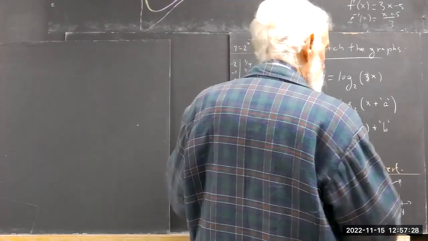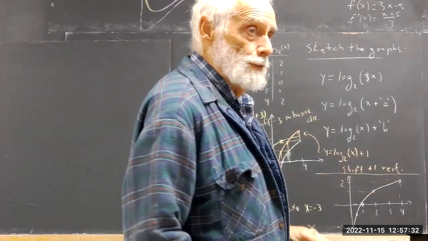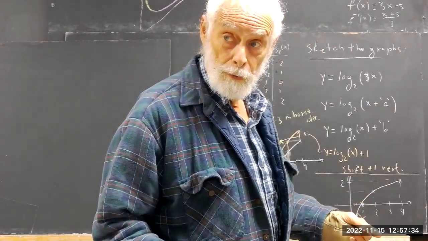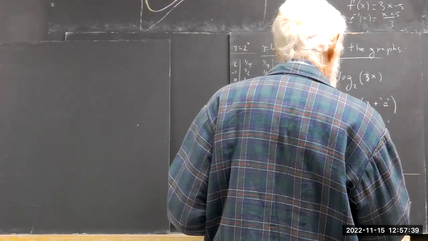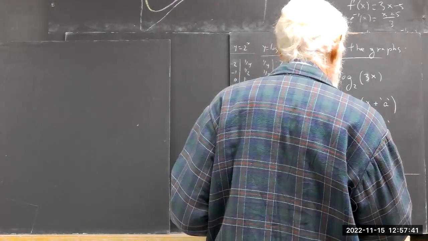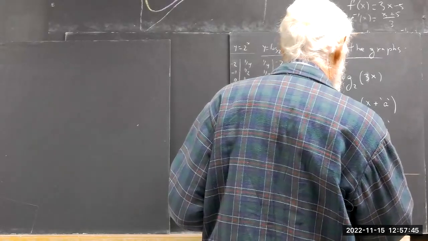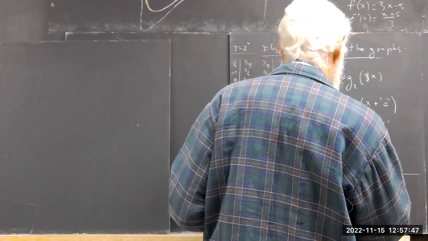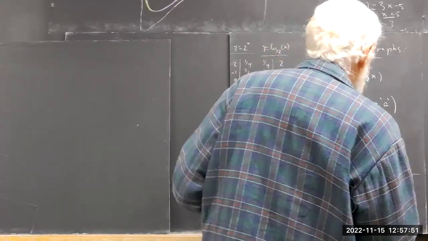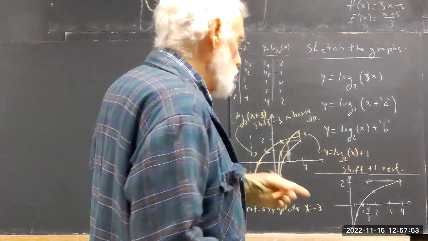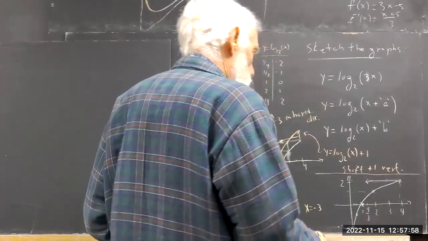So if we're at 4, 3 times closer to the y-axis is at 4/3. So 4 becomes 4/3. This point is over here. If x equals 2, and you're horizontally compressed by a factor of 3, you go to 2/3.